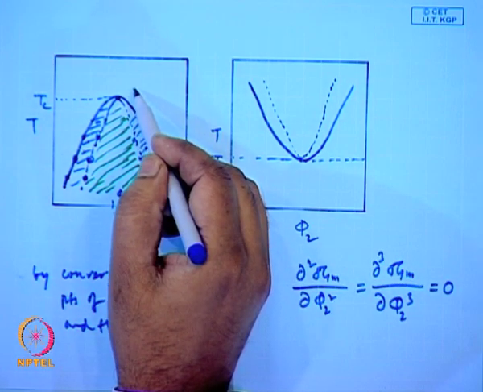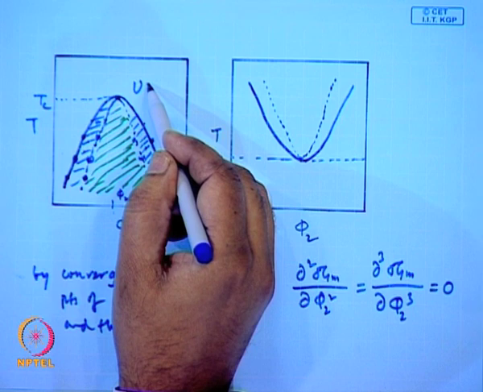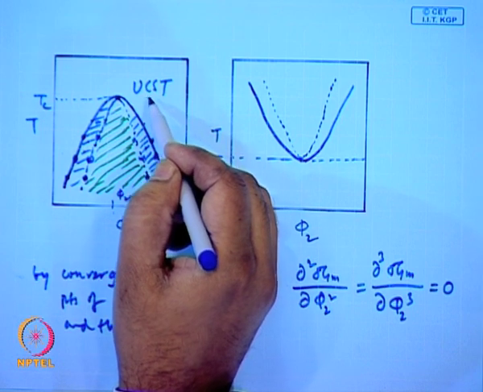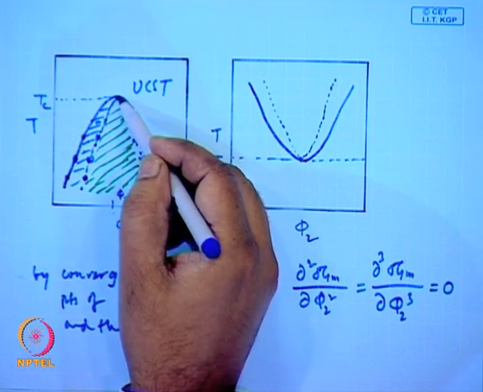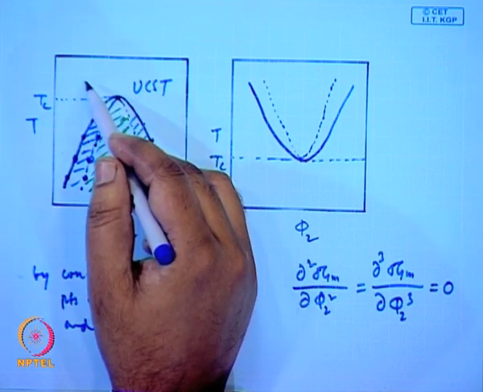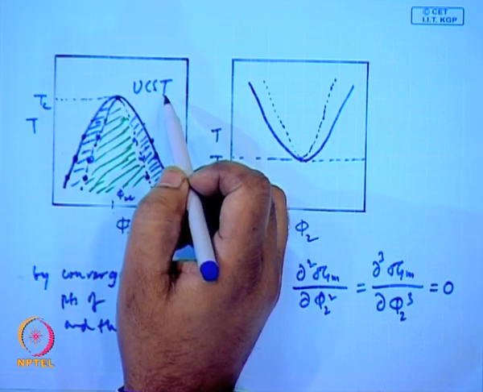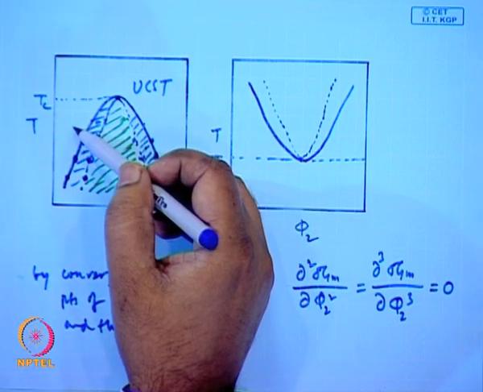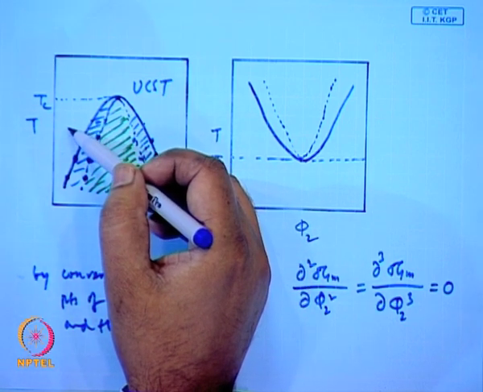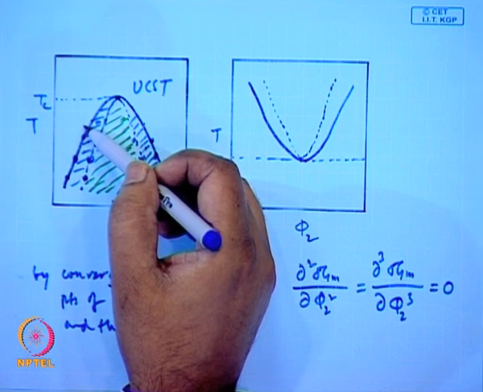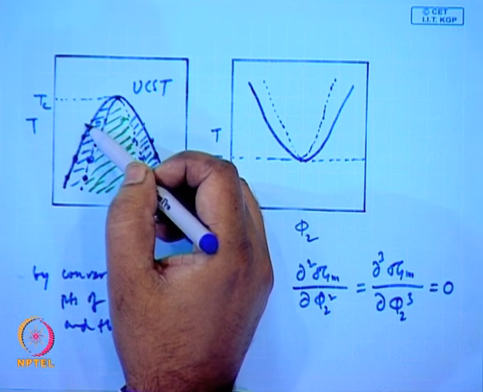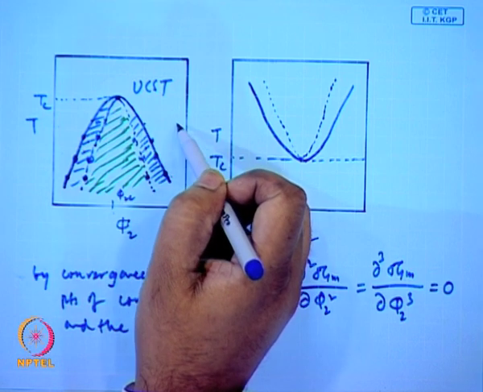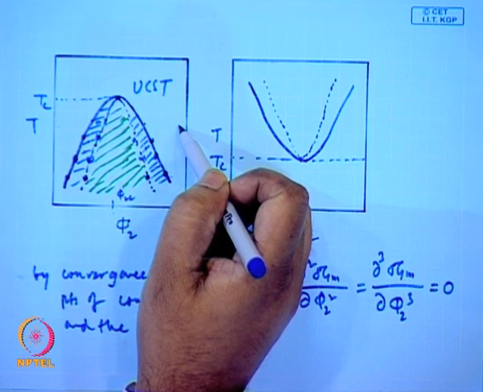This point you call UCST, upper critical solution temperature. So, above this temperature the polymer is soluble in that solvent at any composition. Below this temperature the polymer is only soluble in that solvent in this composition, left hand side of this point, and in this composition.